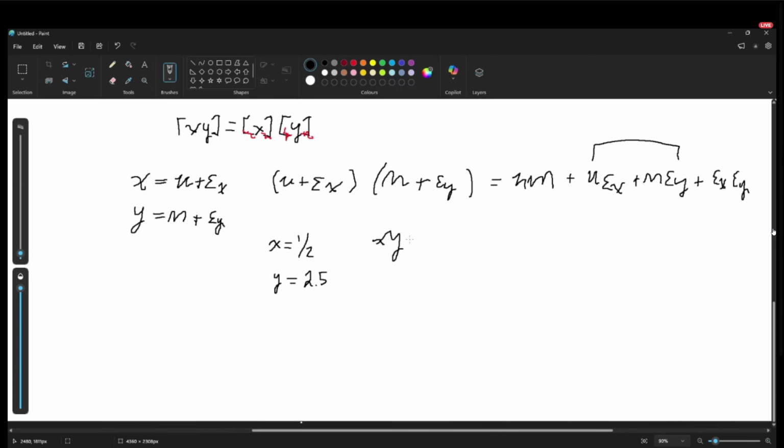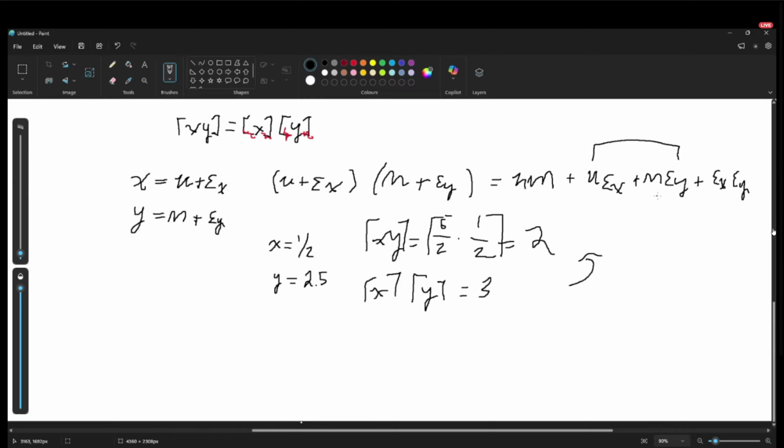Well, let's take the ceiling of this, actually. 5/2 times 1/2 is 5/4, so it just gets rounded to 2. Should be the ceiling of this, which is 2. And then the other one is ceiling of x times ceiling of y, so this is 1 times 3. This is 3. So this is a counterexample which shows that it's false.